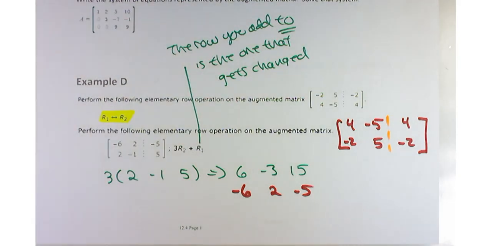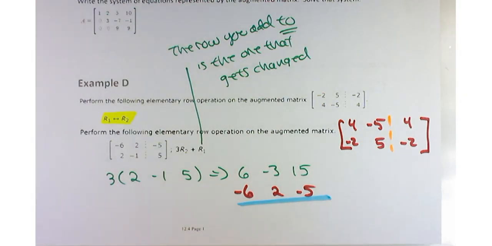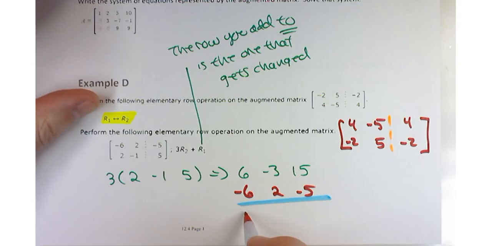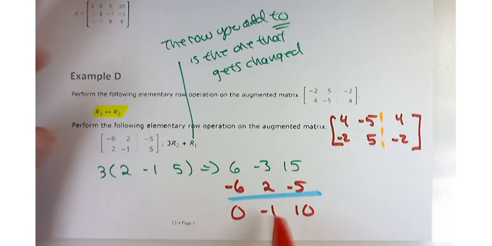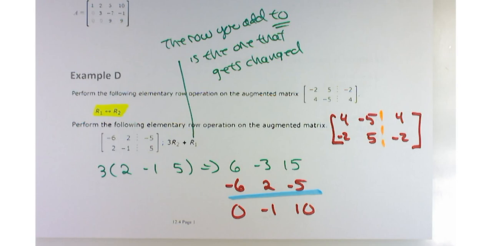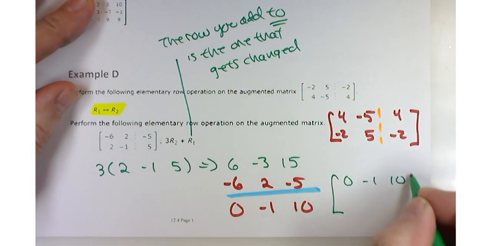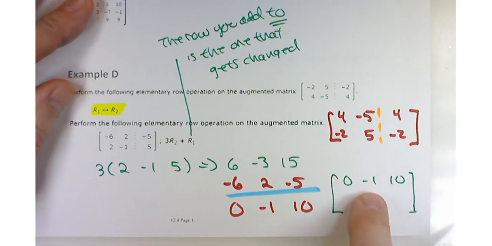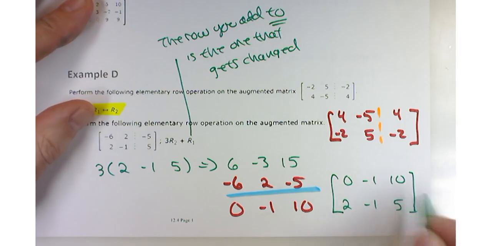Okay, looking good. When we add these, we get a new row 1. That new row 1 is going to have what as its elements? 0, -1, and 10. So this new matrix is going to look like this. 0, -1, and 10. That's the one that changed. Here's the one that didn't. 2, -1, and 5.